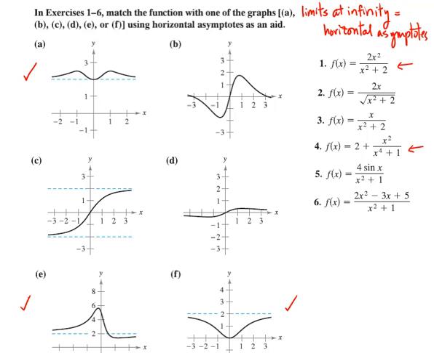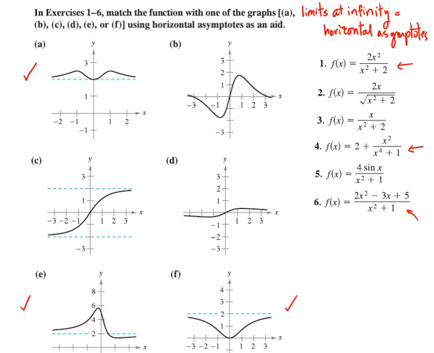Number 4 also has a horizontal asymptote of 2 because x squared over x to the fourth, the degree of the denominator is higher than the degree of the numerator, so at infinity that's going to become 0, and 0 plus 2 will give you 2. Then finally 6 is also 2x squared over x squared, and so it will also have a horizontal asymptote of 2.